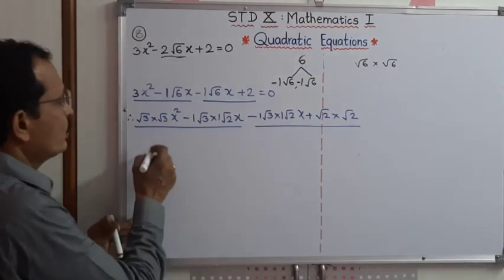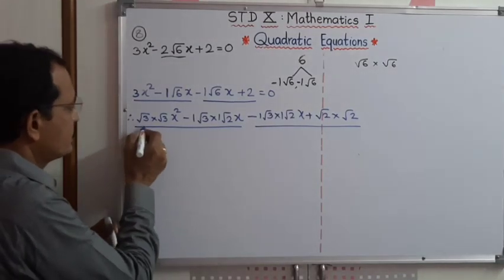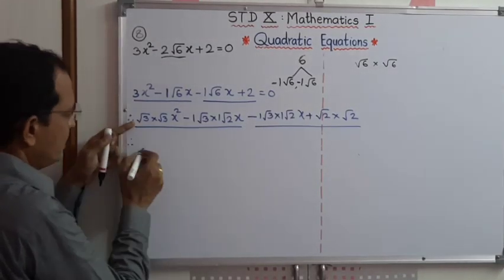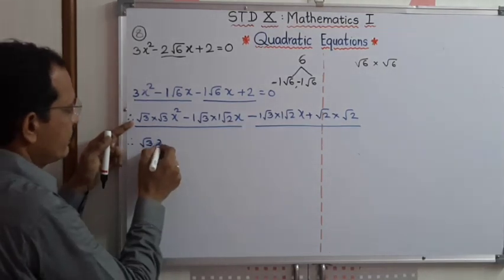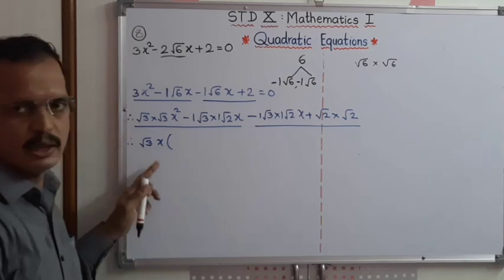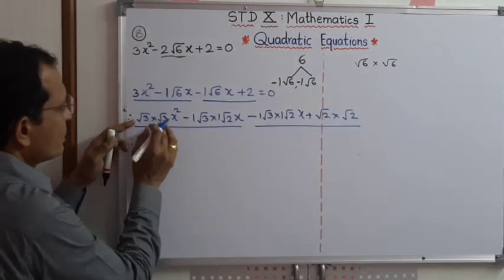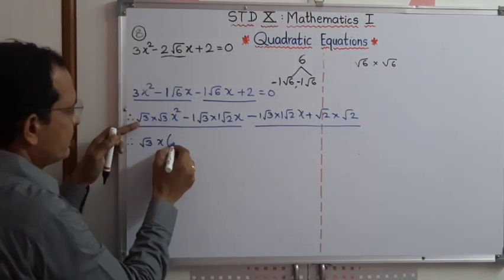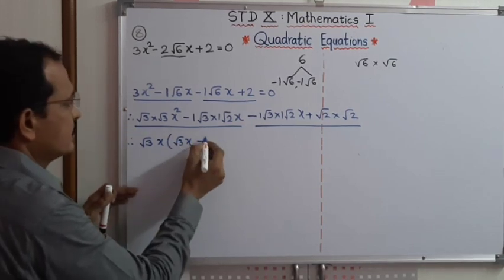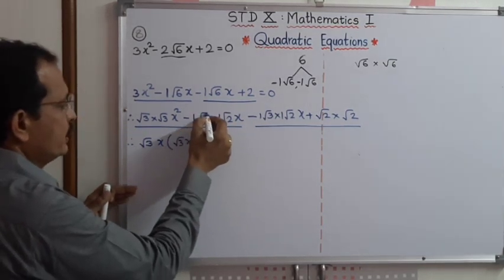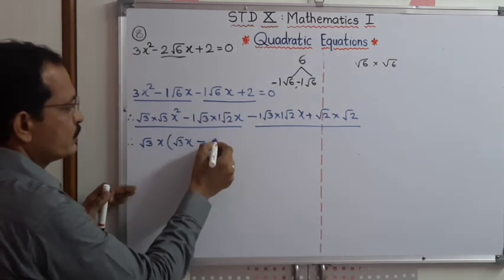Now find out the common factors. Here it is root 3, here it is root 3. And this x square and this x, therefore it is x. It is root 3x. From this root 3 and this x, therefore root 3x is there, minus this 1 root 3 and this x common, therefore it is root 2.